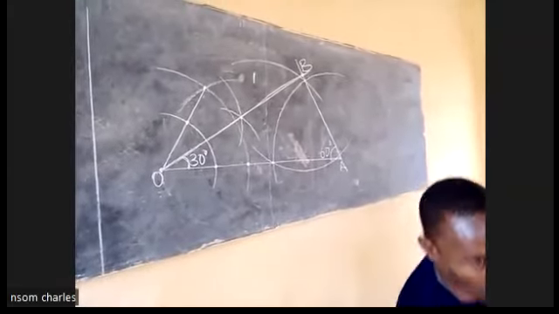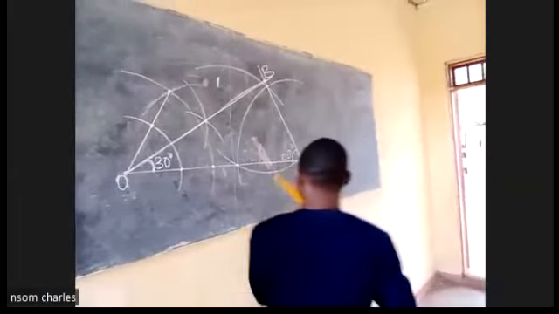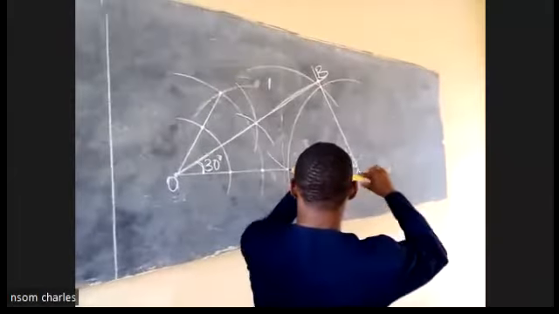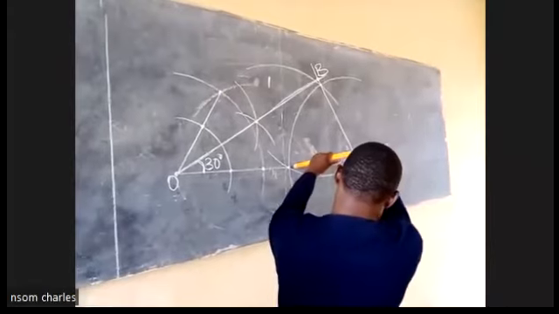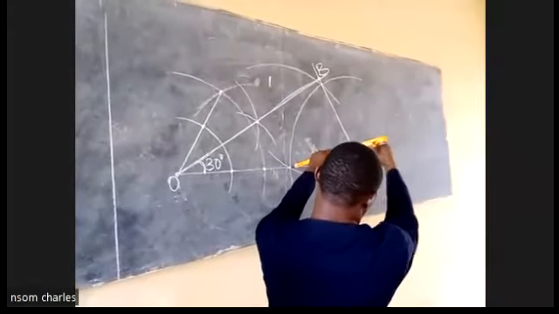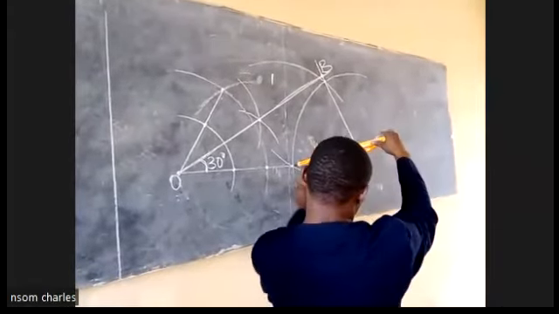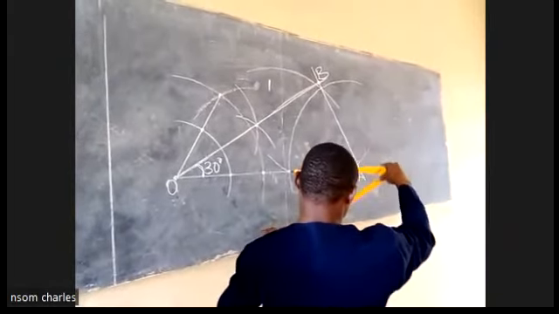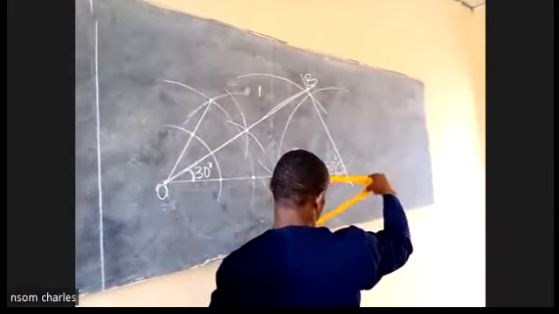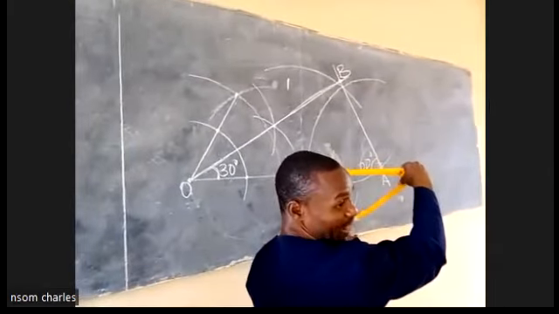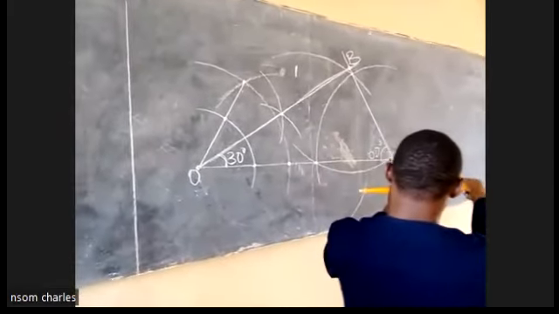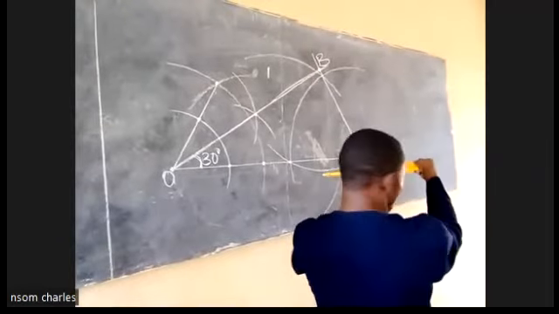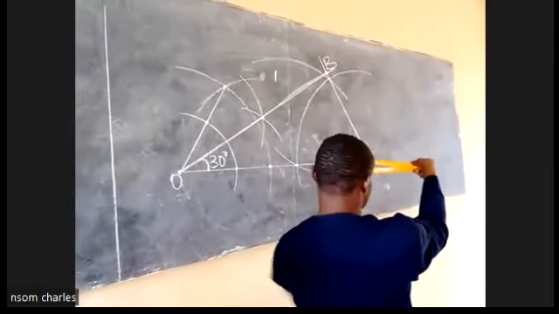Now, from those 2 points, placing our compass on one of the points and opening a radius approximately more than half the distance between the 2 points, we draw 2 arcs on the other side, right? Place it on this other and maintain the same radius.